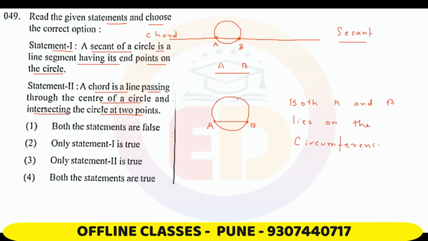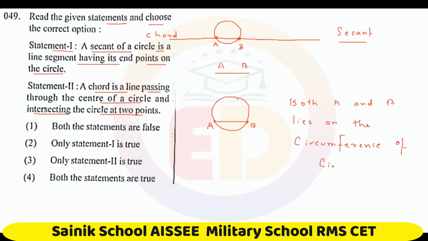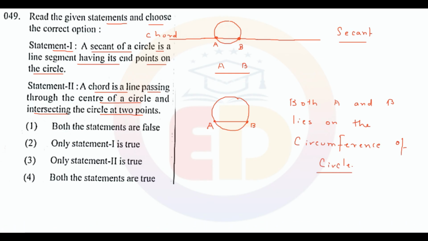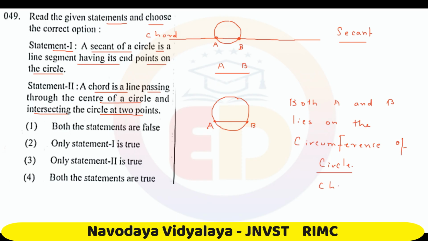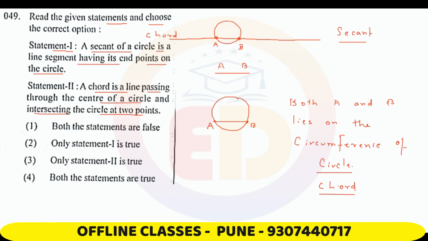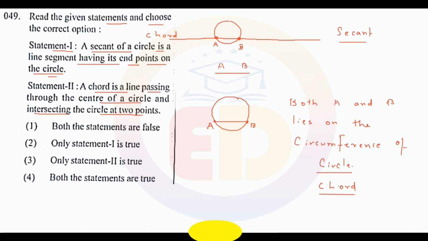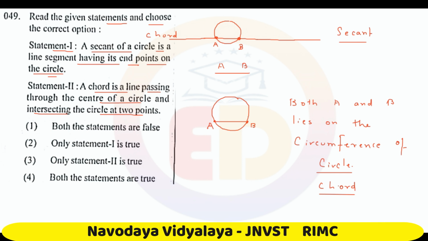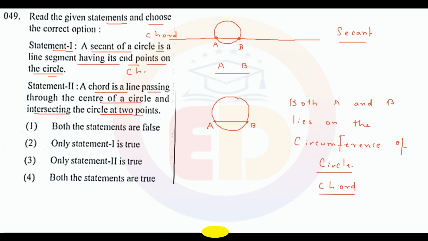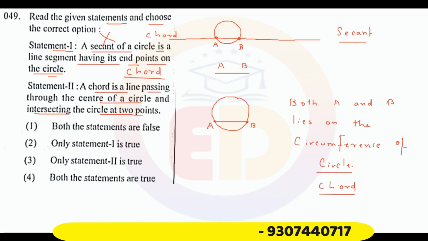It will not go beyond the circle. This is a chord. The first one, a secant of a circle is a line segment having its endpoint on the circle, this actually is the definition of a chord, but they are saying that this is a secant, so this sentence is wrong. It's not a secant, it's a chord.